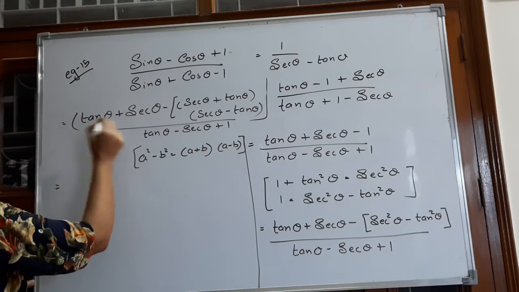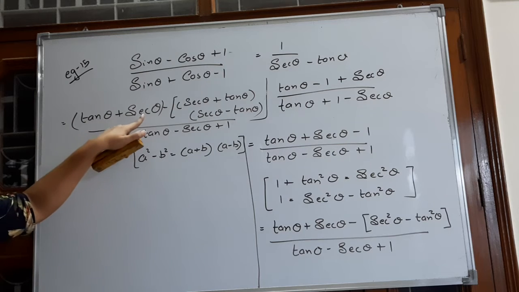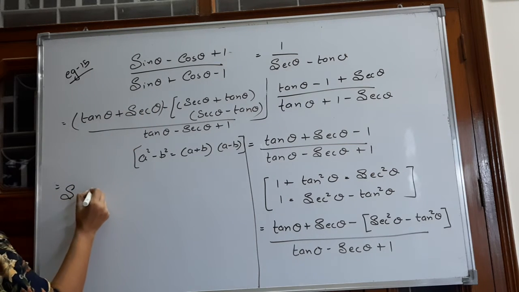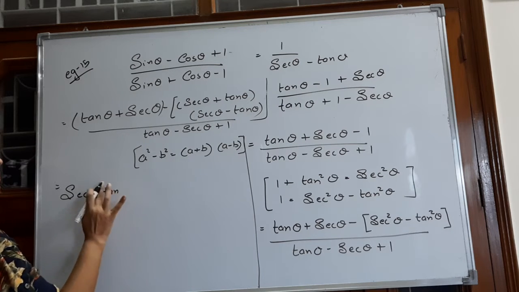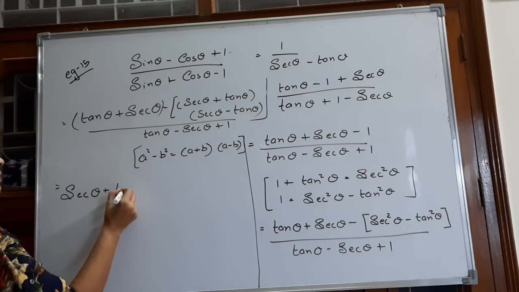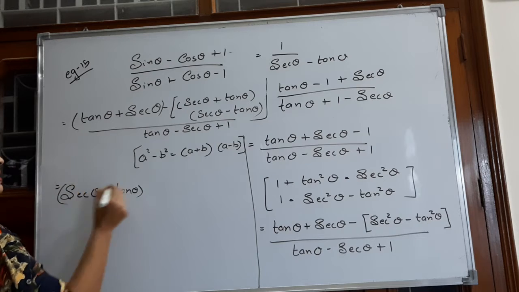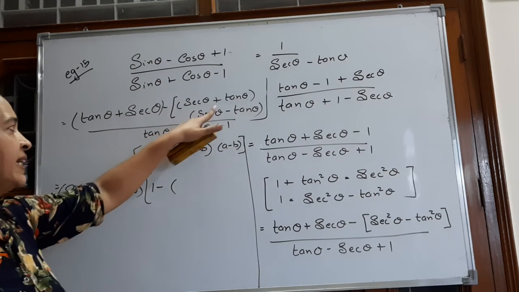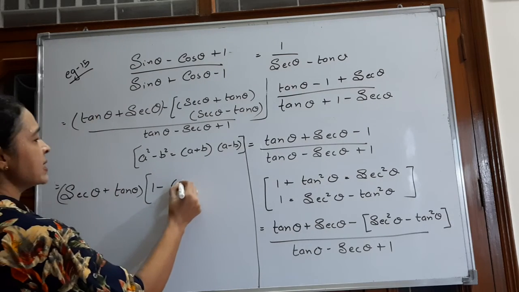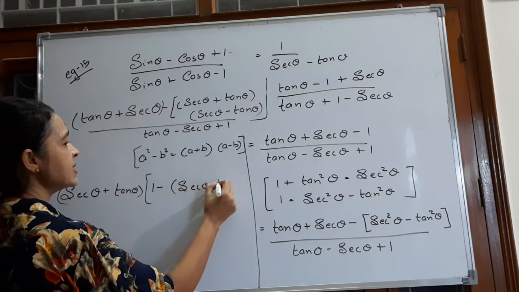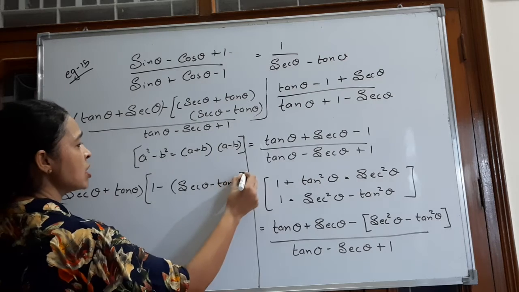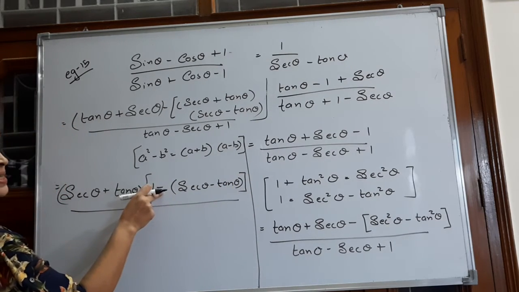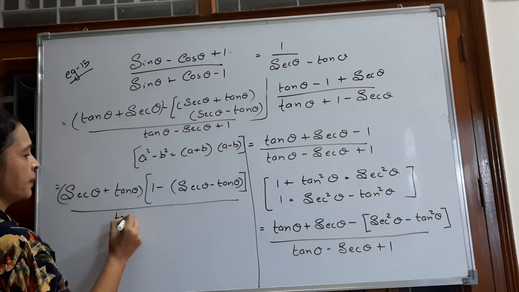Now, taking this as one term, we have sec theta plus tan theta common. What is left here? We have 1 minus, in the bracket, since sec theta plus tan theta is common, what is left? Sec theta minus tan theta. Keep it in the bracket, because in the next step we have to change the signs, as we have a minus sign outside the bracket.